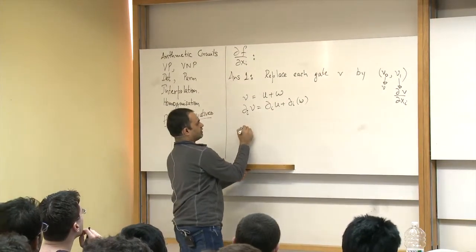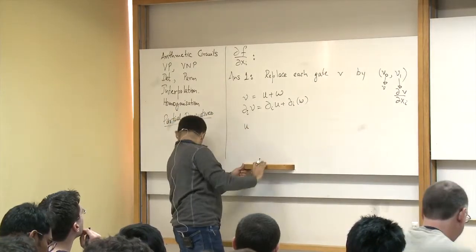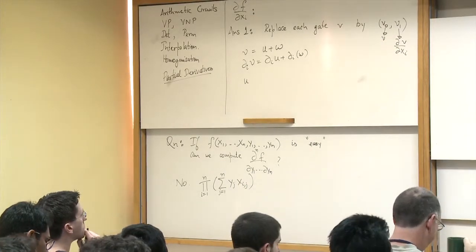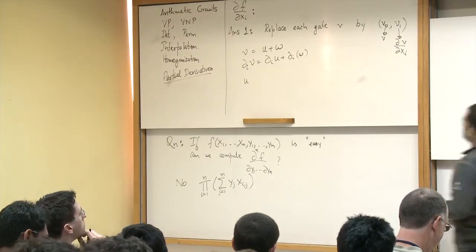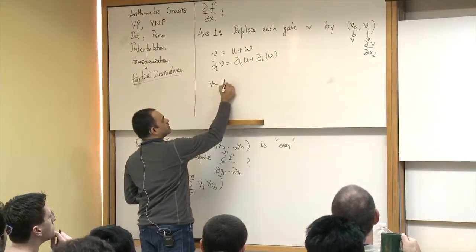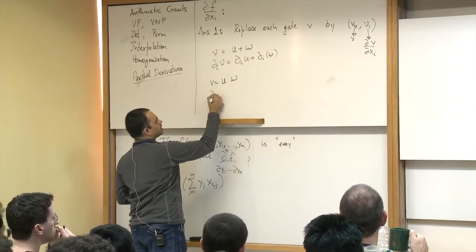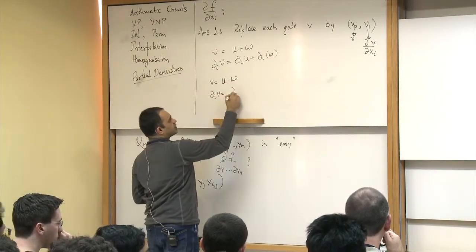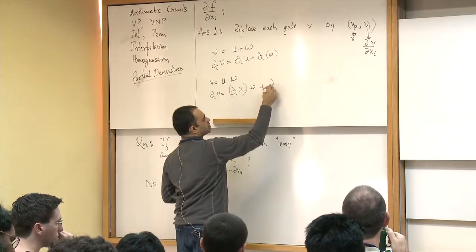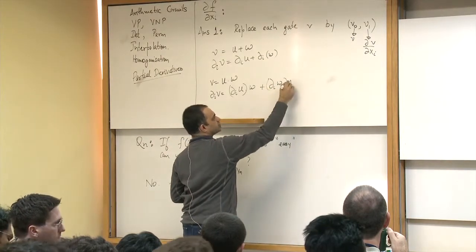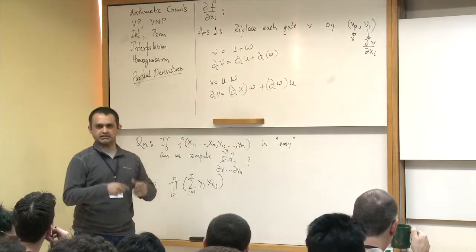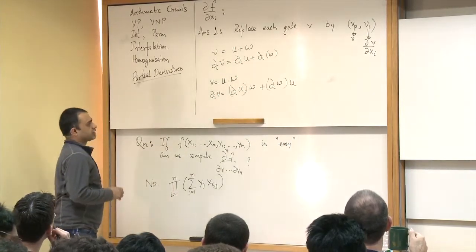Great. And if v was equal to u times w, then I know that del i of v equals del i of u times w plus del i of w times u. And I have gates that compute each of them, so it lets you build the circuit top down. Great.